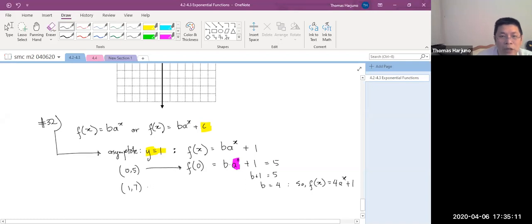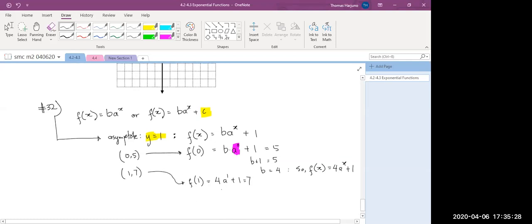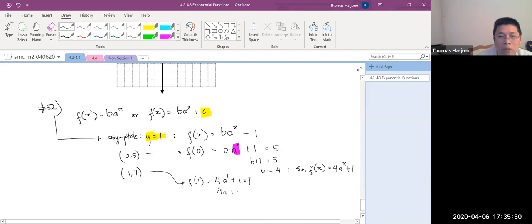Now, using that, f(1) equals 7. So 4 times a to the 1, plus 1 equals 7. Now, what is a to the 1? A. That's a. So 4a plus 1 equals 7. 4a equals 6.